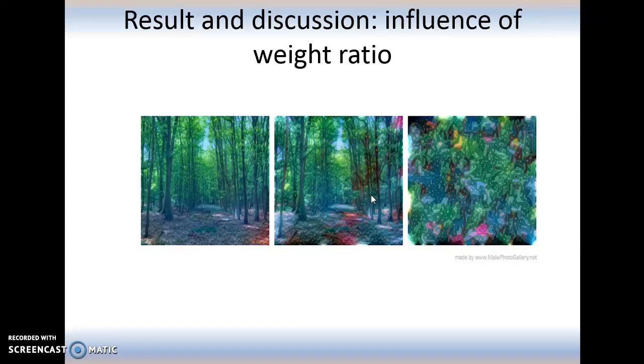The third factor we look into is the influence of the weight ratio between the content and the style loss. As we stated before, the weight ratio between content and style loss measures how much we want of the 2 features in our output image. A large content to style weight ratio will cause the style to be smeared out during optimization.